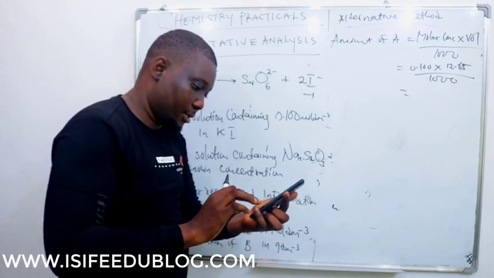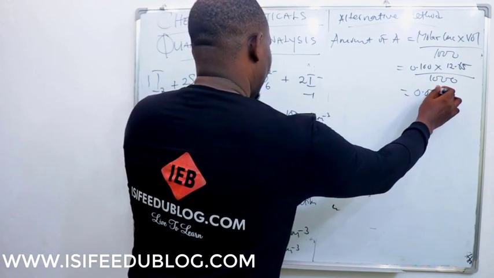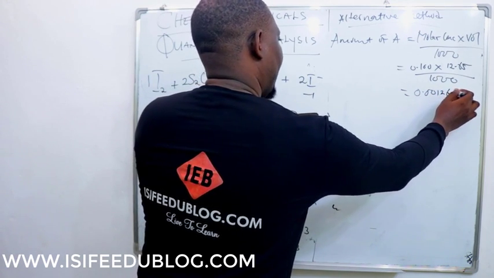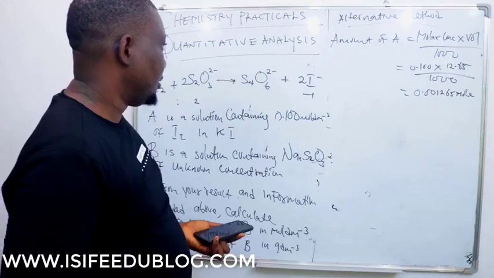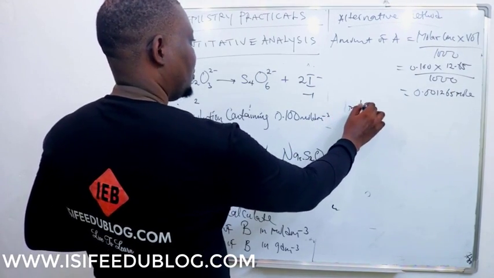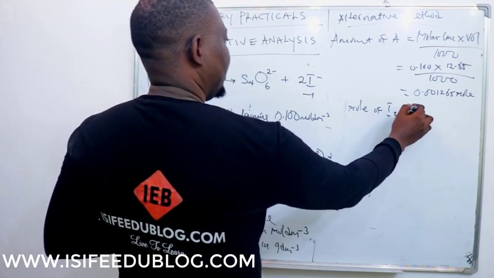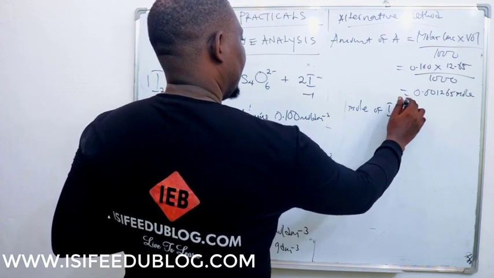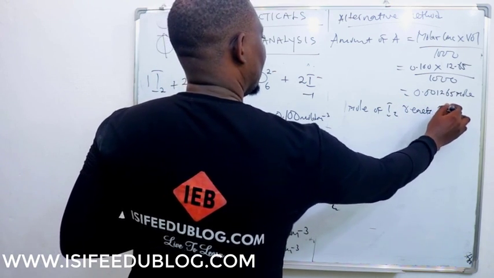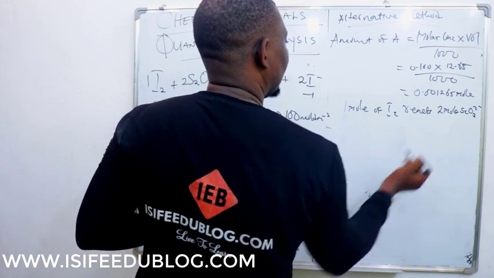So we have 0.001265 mole of A. Now from the equation, I have 1 mole of I2 reacting with 2 moles of S2O3 2 minus.